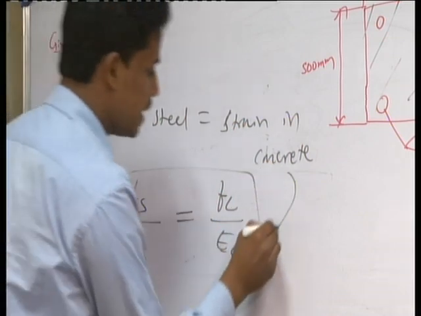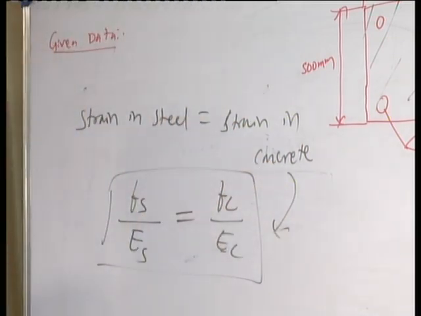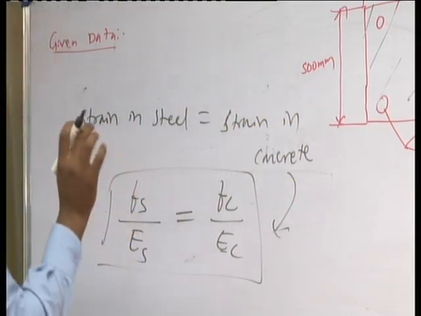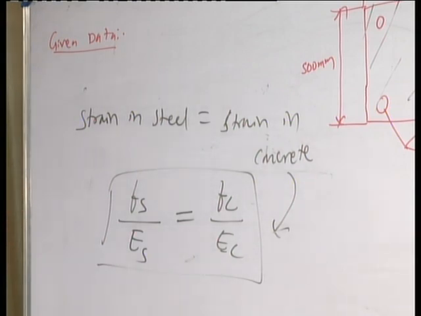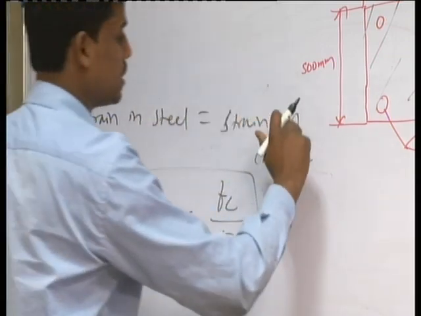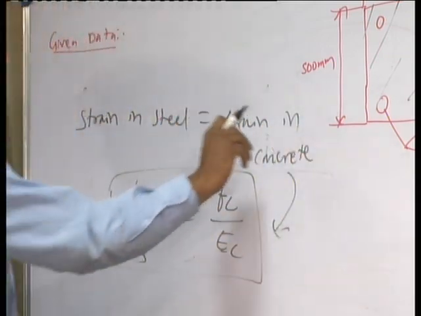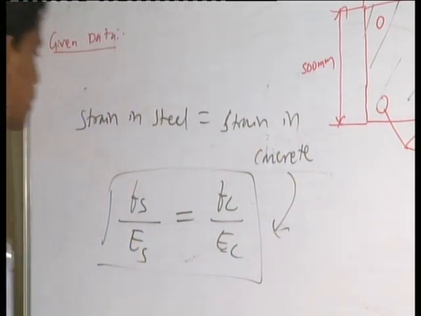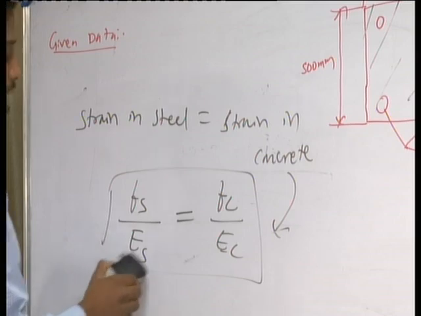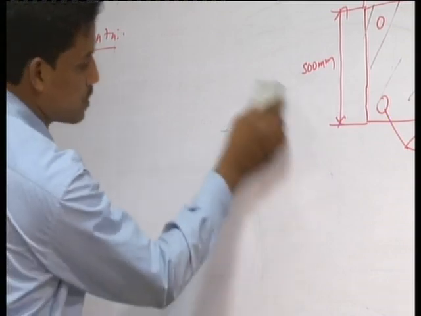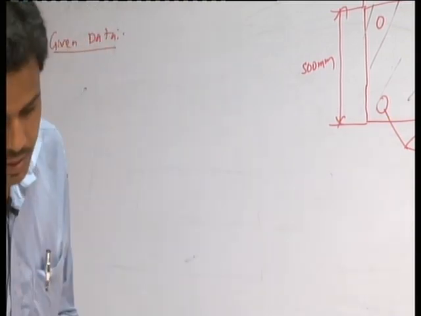The strain in every section remains the same, so the ratio of stress to Young's modulus of steel and of concrete remains the same. If a composite section contains another material, the strain in that material will also be the same. Substitute the values of Es and Ec in this expression.